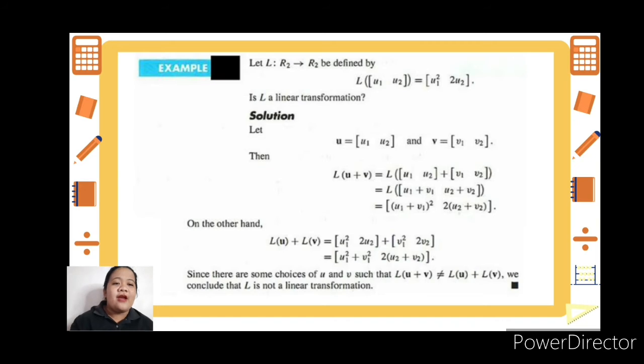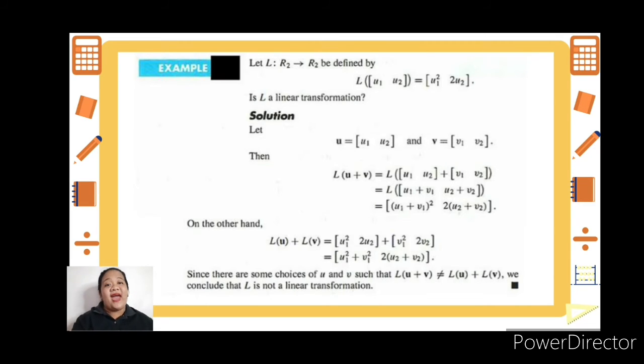So you have there u sub 1 squared plus v sub 1 squared, and then the next row is 2 times u sub 2 plus v sub 2. So there are some choices of u and v such that L times u plus v is not equal to LU plus LV.